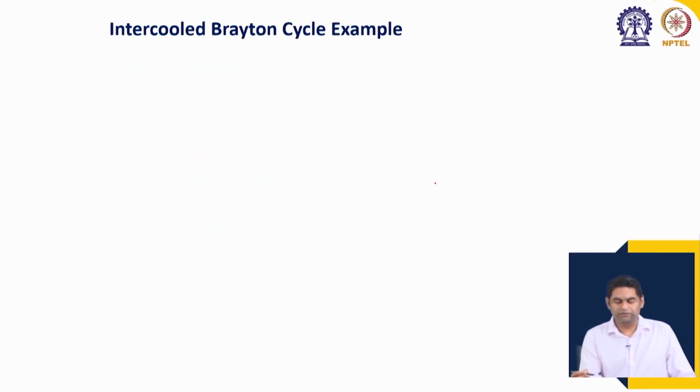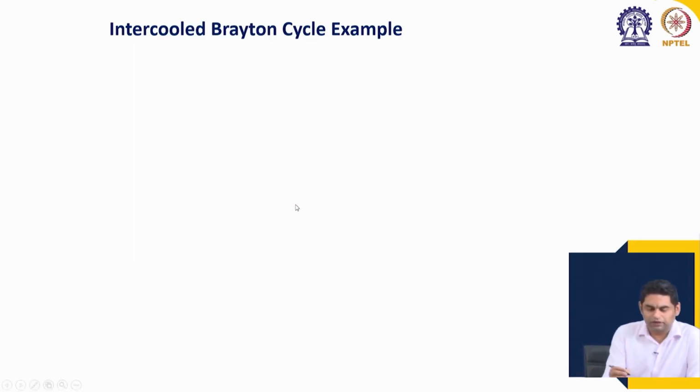We will keep the same framework for the intercooled Brayton cycle and for the regeneration plus intercooled Brayton cycle, but see how the values change because of the change in these processes. So, let us start with the intercooled Brayton cycle problem. We will call this problem number 5 if we are going chronologically. This is the 5th type of cycle we are numerically analyzing.